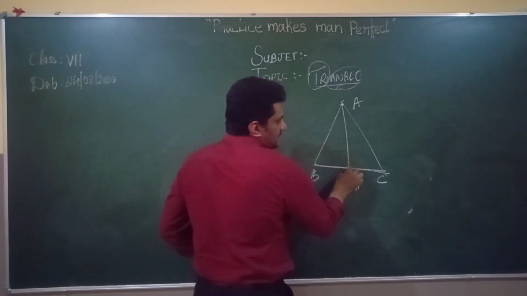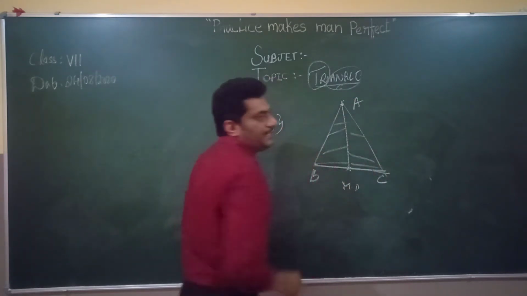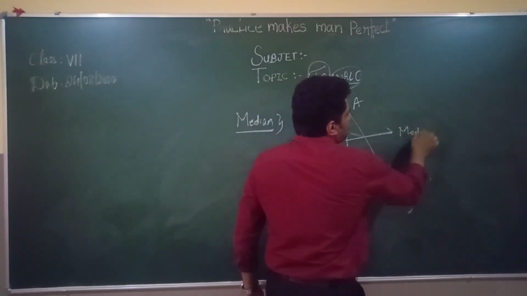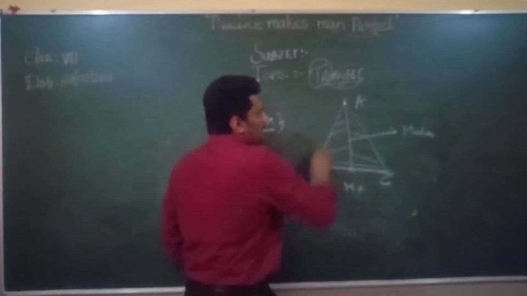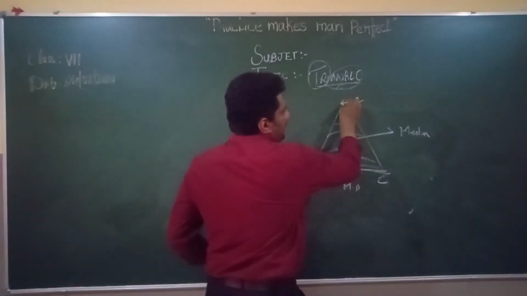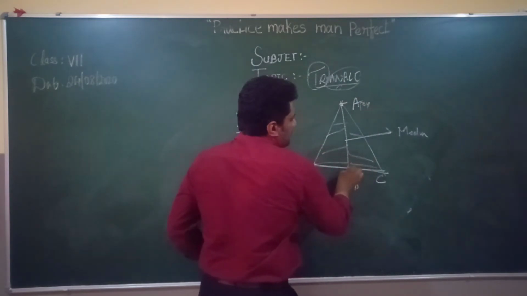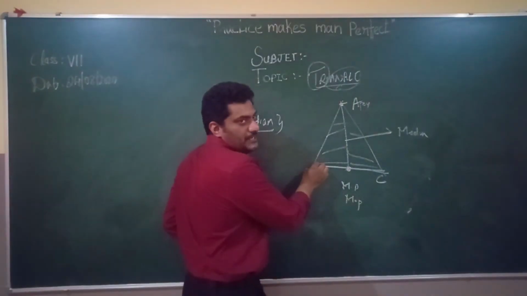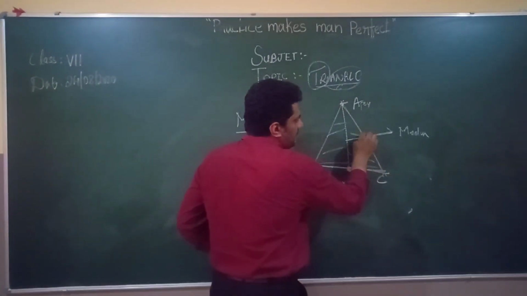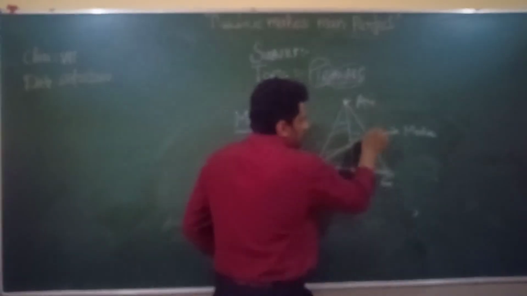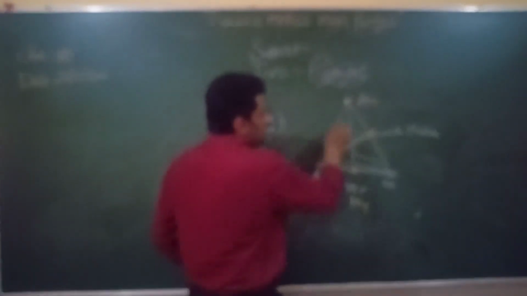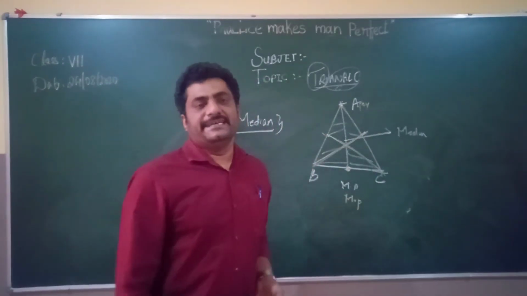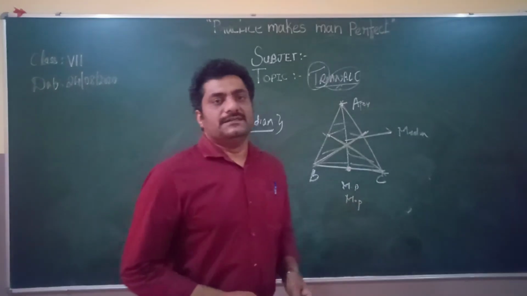When you join this, these two become equal parts, and this line is called the median. The line always joins the apex to the midpoint. Similarly, I can draw one more from here, if I know the midpoint of this line, and this will become a median. Similarly for this one. So in a triangle, how many medians can I draw? I can draw 3 medians.